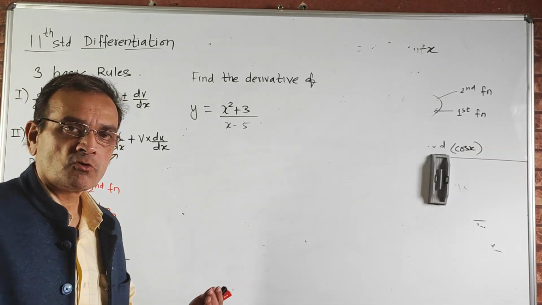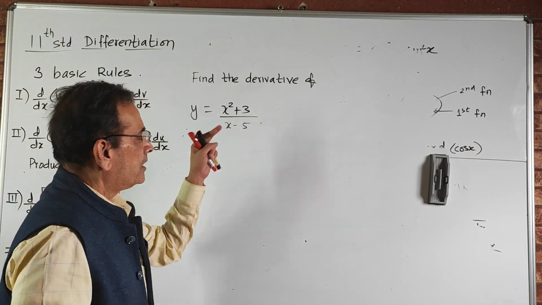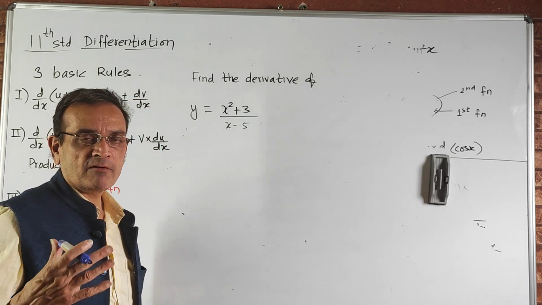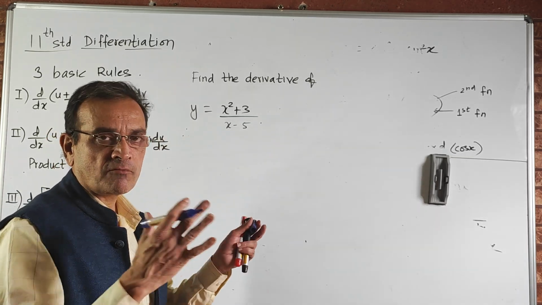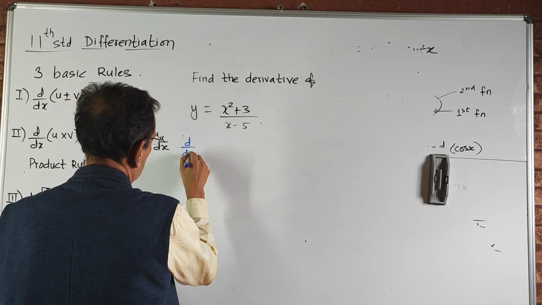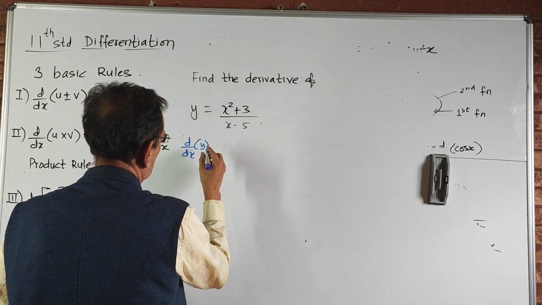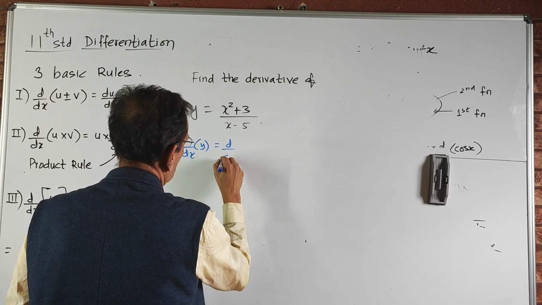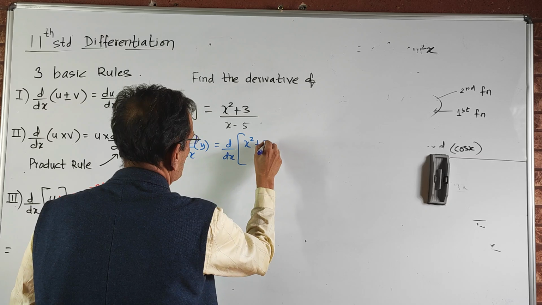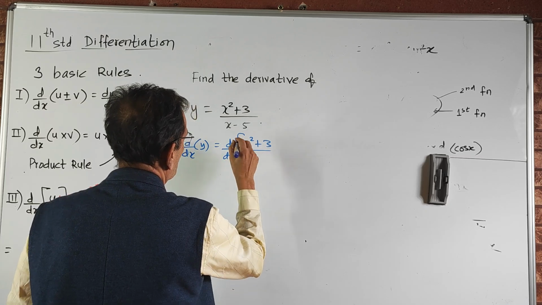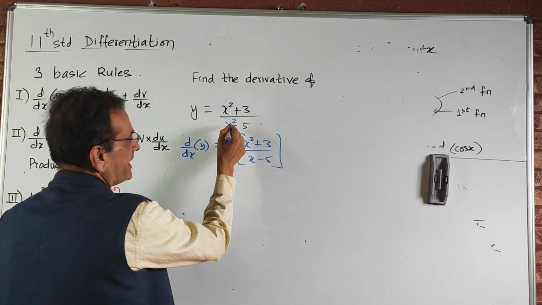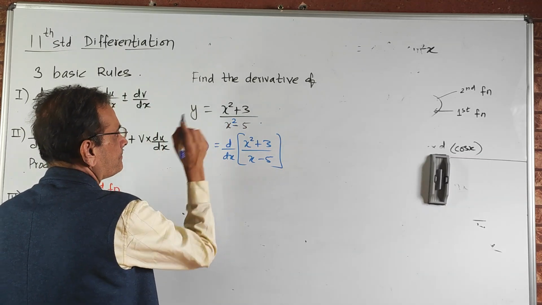Okay, so first step we know differentiate with respect to x. So when we say differentiate with respect to x, दोनों तरफ d by dx लेना है. Should be x squared minus 5.